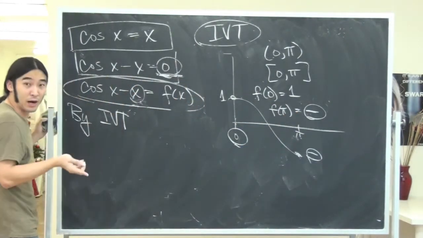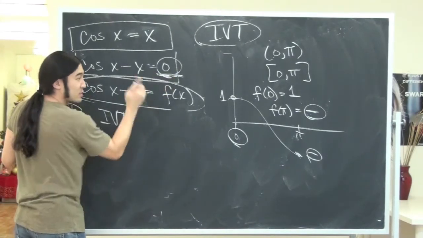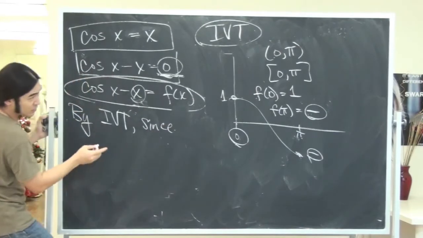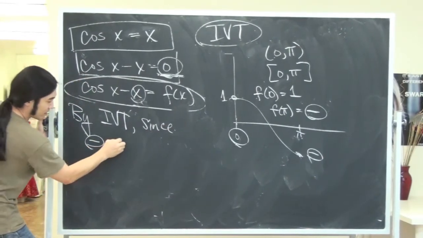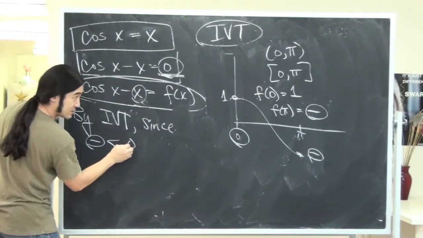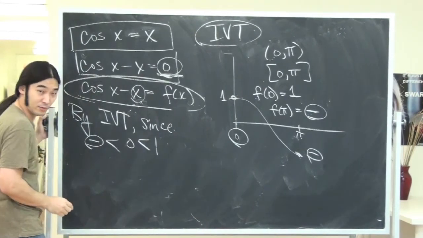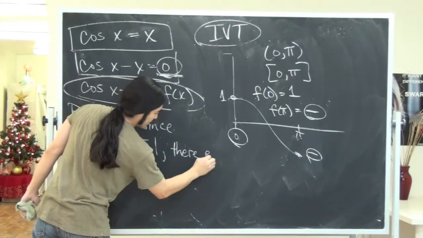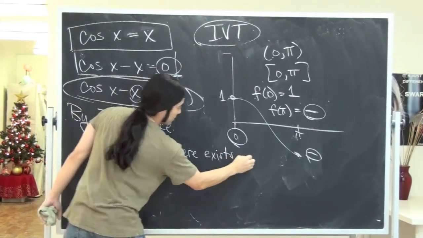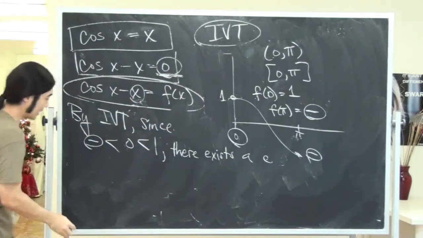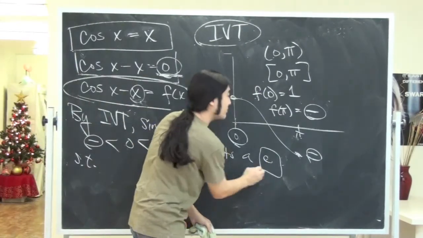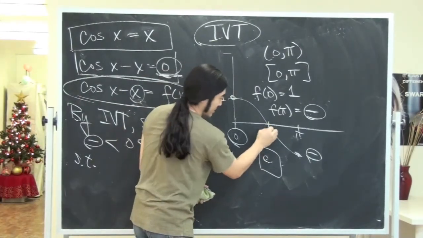We have what? Our target y was 0. So by intermediate value theorem, since you have some negative number is less than 0, and 0 is less than 1, right? So you got the number trapped in between. There exists a C such that, so there's some C out there, I don't even know who he is, or who she is, whatever.